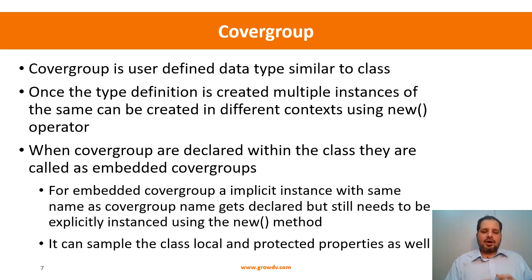Once you have created a cover group declaration, you can create multiple instances, and to create them you use new, and any arguments that we have defined as a part of the cover group declaration, you pass using new. So in that way the cover group construct behaves similar to your class data type.